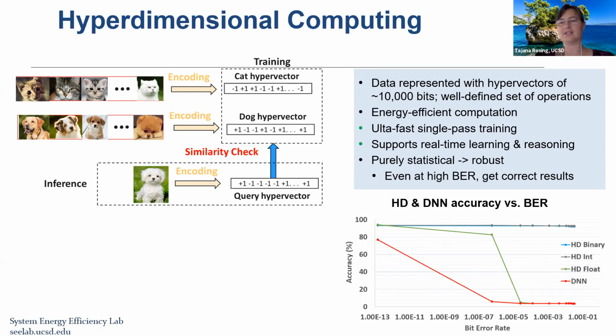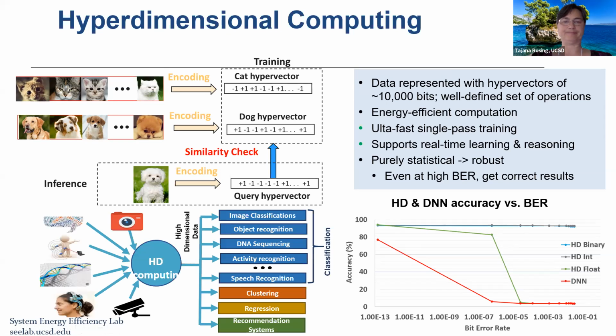It basically doesn't scale well. HD in floating point has a similar issue, and this is because error in the exponent will cause huge problems in the computation of the similarity check. So as long as you can get away with binary and integer, which you can see from this example is just as accurate as using floating point, we're actually in business.